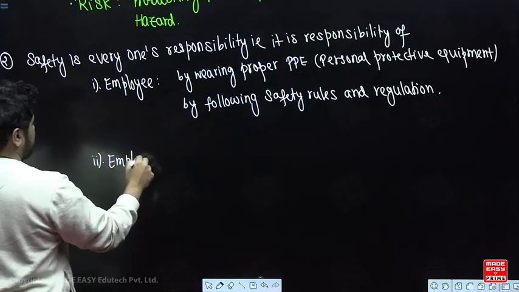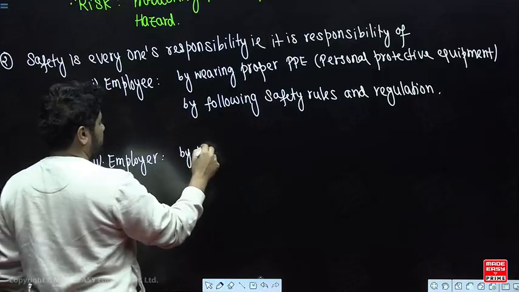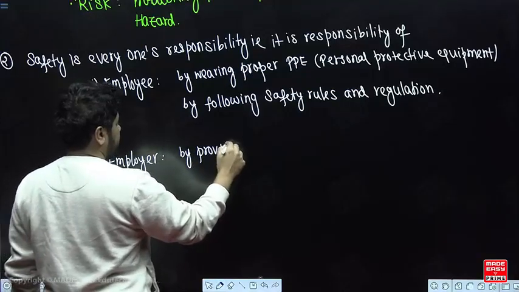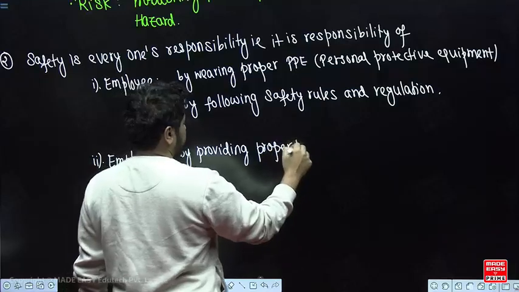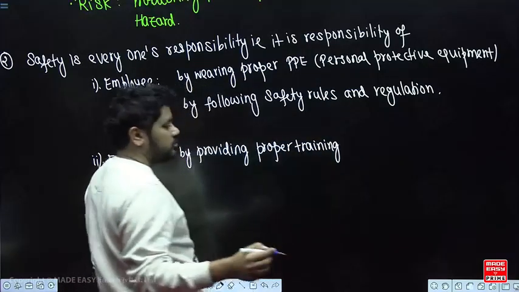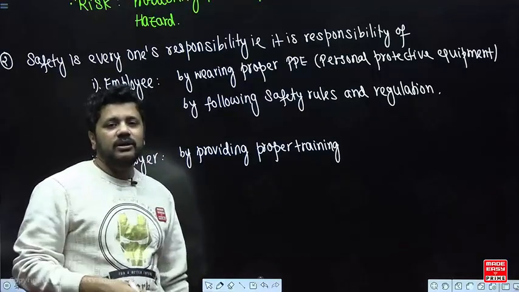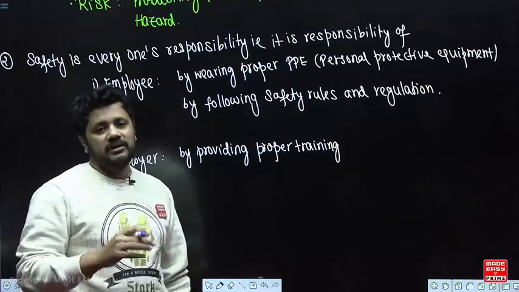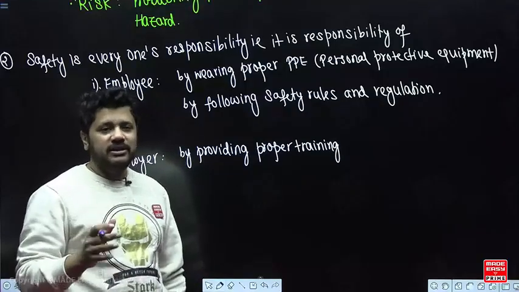How employer is going to safeguard? Employer by providing proper training, है ना? So when I am going to get some worker, I will give them proper training about the safety, how to safeguard yourself, how to wear PPE and everything, right?